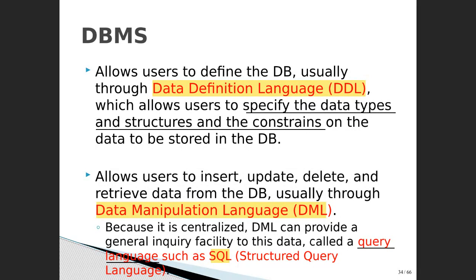So don't worry. By having a DDL, data definition language, within the database, the user is able to specify the data type, which means what is this: a number, an integer, or a character. Is this, for example, a calculation or a comparison operation?